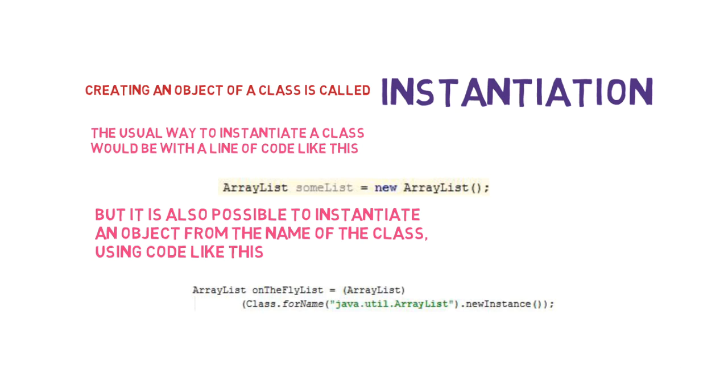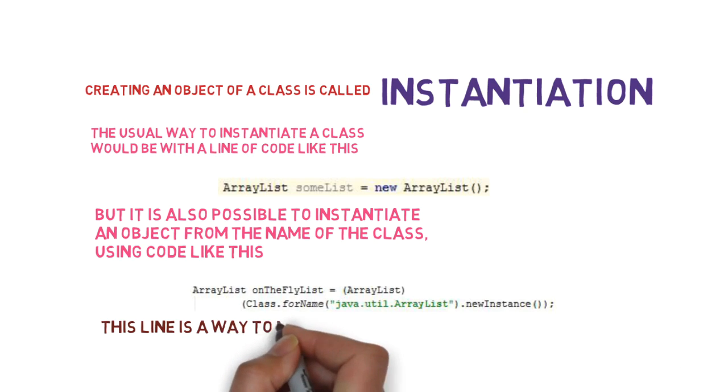If you notice, this code also instantiates an array list called onTheFlyList, but it's very different. We have Class.forName, which is a static method on the class, which takes in a fully qualified name for a class and then calls newInstance.